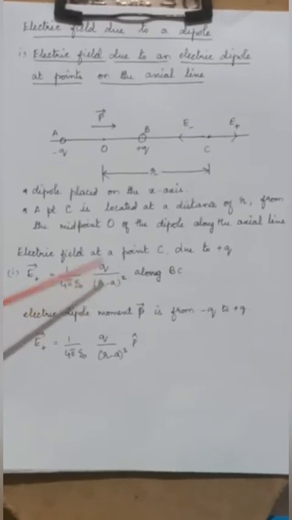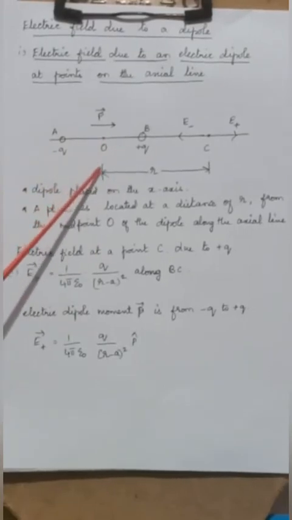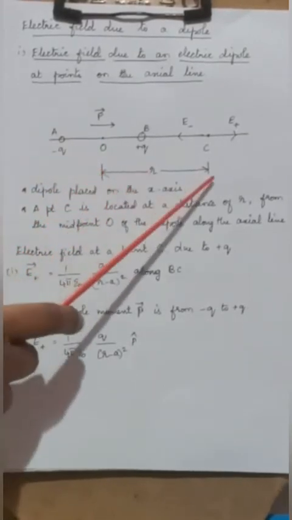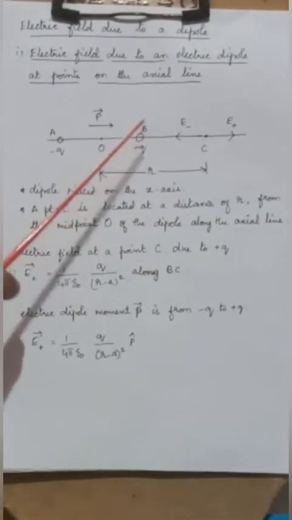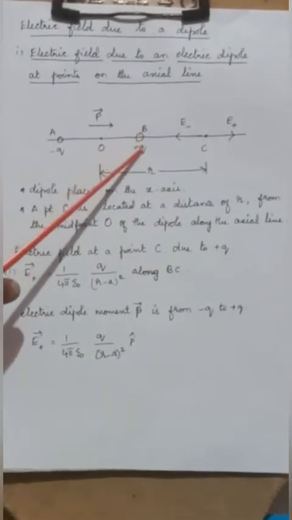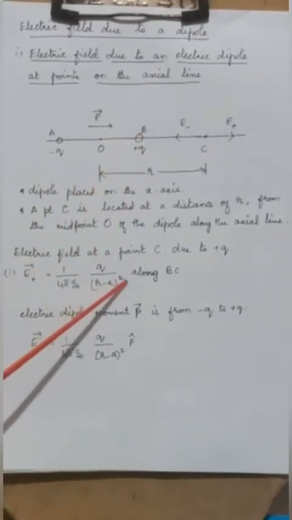But here, what is this r square? It is nothing but the distance. So how will I calculate that? This is the total r, the total distance, and out of that this is a. So from here I am going to find it out. So subtract that, and that will be r minus a the whole square.